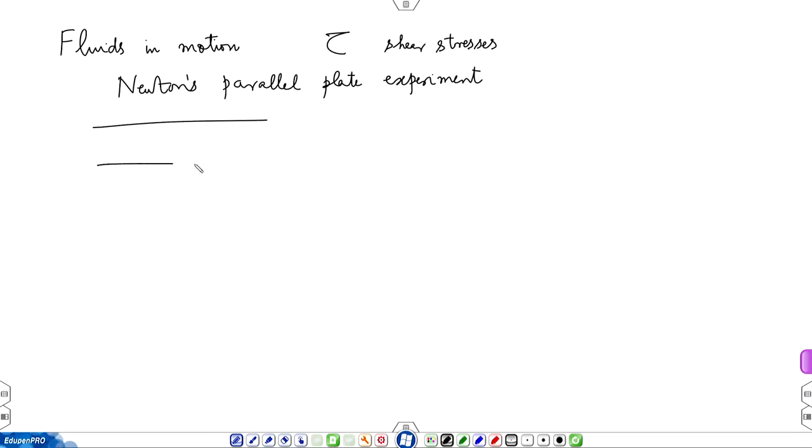So, as the name suggests, you have parallel plates and the fluid, which is liquid or gas, fills the gap between them, and the top surface is moved at some velocity u, and naturally it requires a force F. This gap is h.